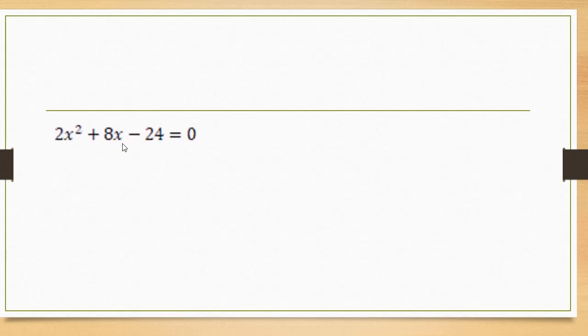So, try to solve 2x squared plus 8x minus 24 is equal to 0.